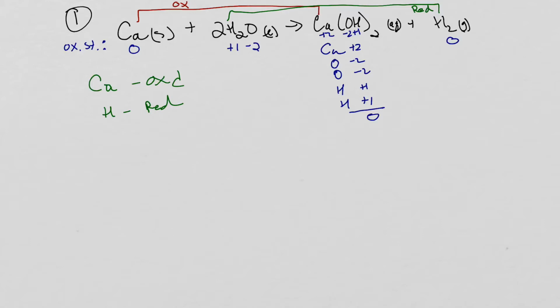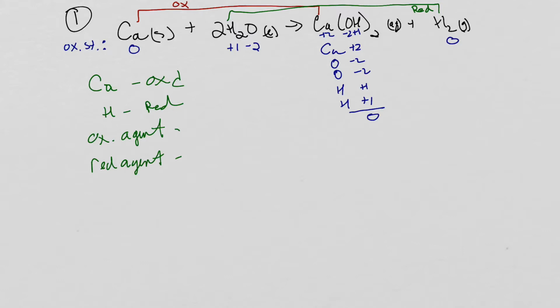Now we can go a little bit further here and predict what the oxidizing agent is and what the reducing agent is. So remember, the oxidizing agent contains the element undergoing reduction.